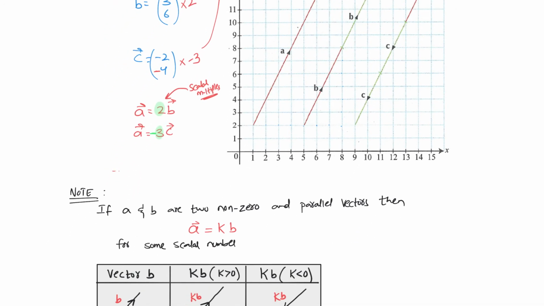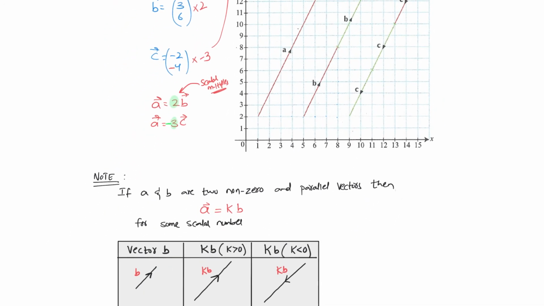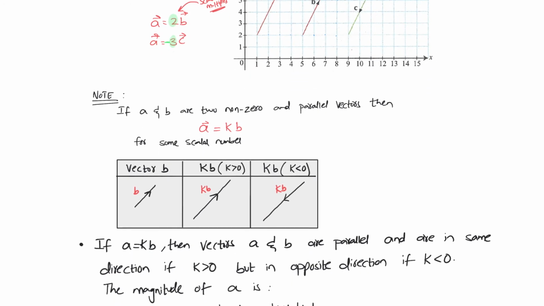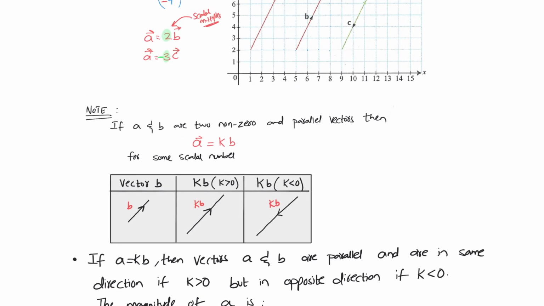If we know that A and B are two non-zero and parallel vectors, and vector A is equal to k times vector B, where k is any scalar number, then if k is greater than 0, let's say the value is 2, 3, 4, you will have a vector that is enlarged.